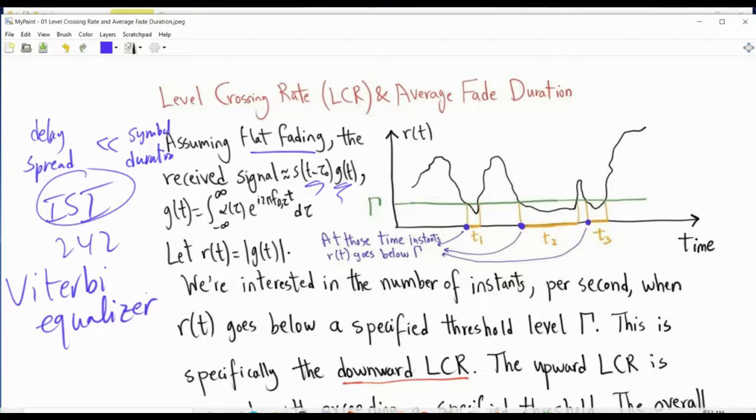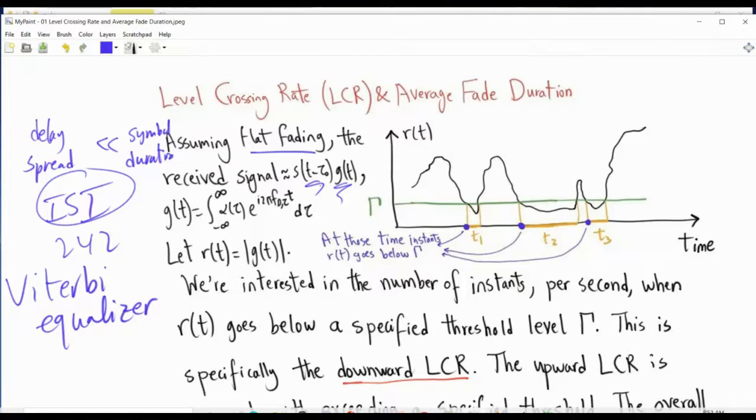Then you will be able to solve problem 4, which again gives you a flavor of what will happen if we do not have flat fading. Later in the course we will deal with the problem of not having flat fading using OFDM. But for now, in the lectures, it will be the flat fading model.